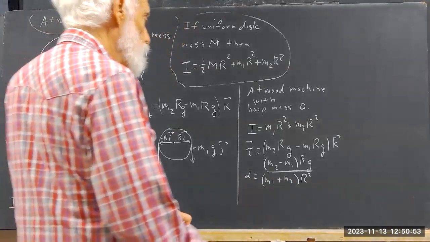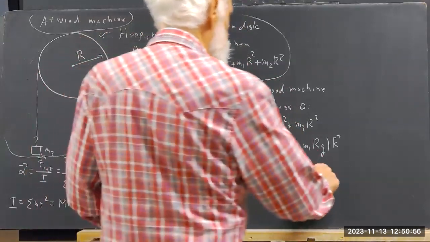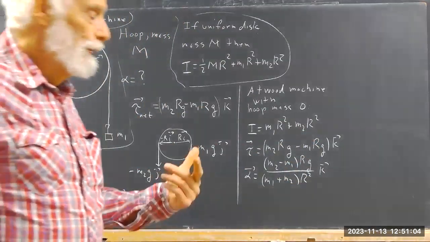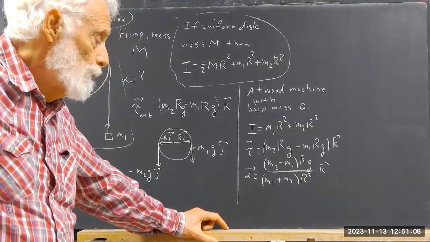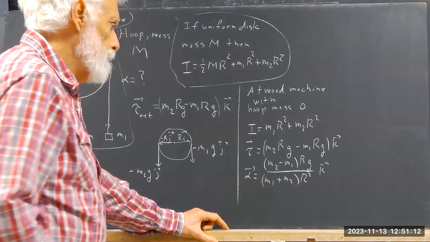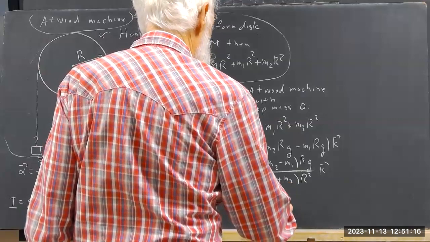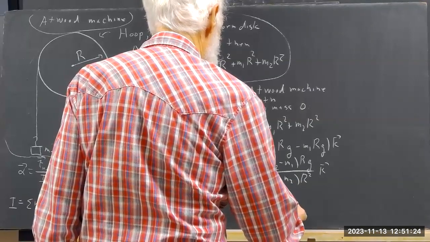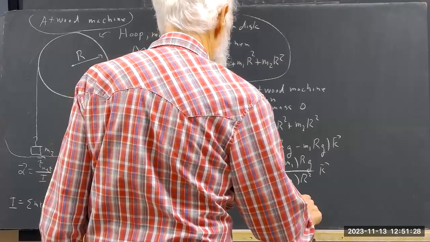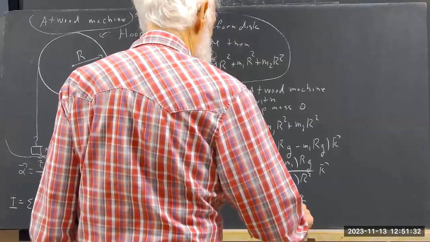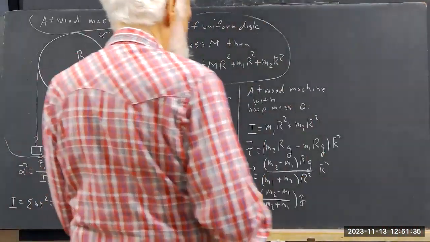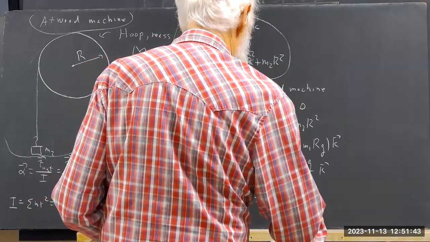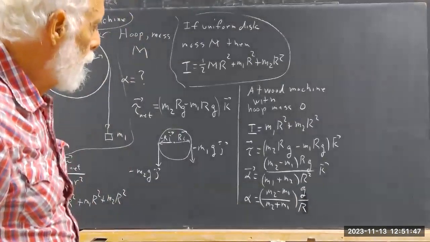If this is your acceleration, I'll keep the vector nature, and you could leave the arrow off of the acceleration, but just to remind us that acceleration is in the direction k. This comes down to times your acceleration of gravity divided by the radius.